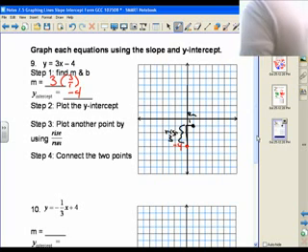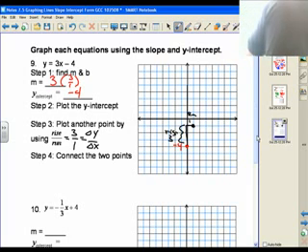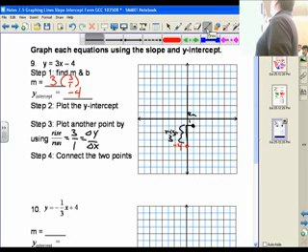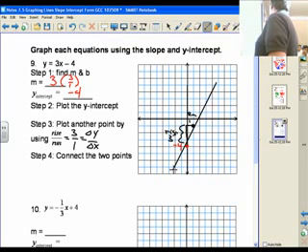But remember, 3 over 1 is our change in y over our change in x. Remember these little symbols. So we're going to go up 3 and to the right 1, and that's going to tell us where another point on that line is. Once I know where 2 points are, I can draw my line like that.